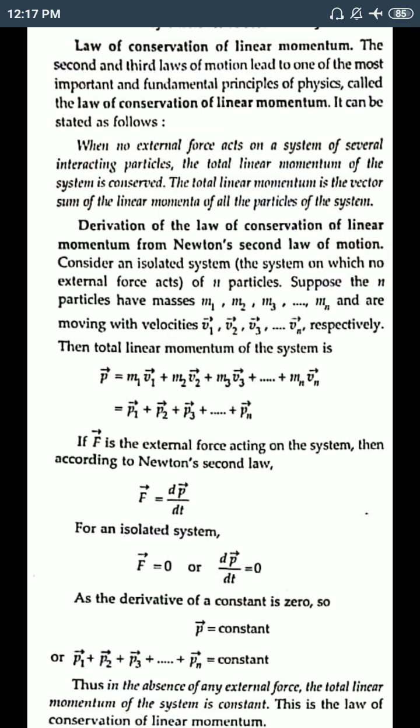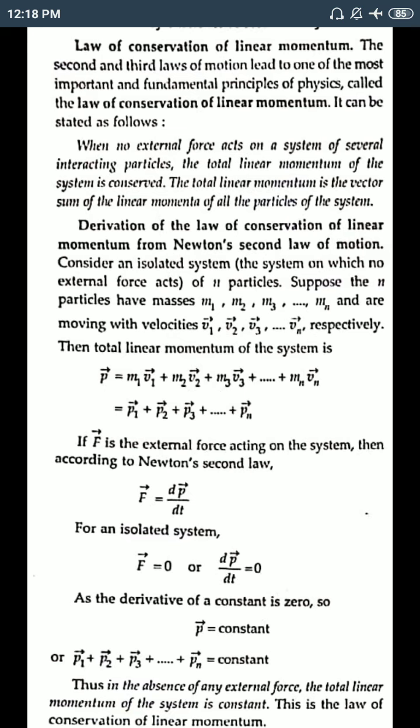According to Newton's second law, when a force acts on a body, it equals the rate of change of linear momentum. So we can write F equals dP by dt. Because F equals 0, dP by dt is also 0.